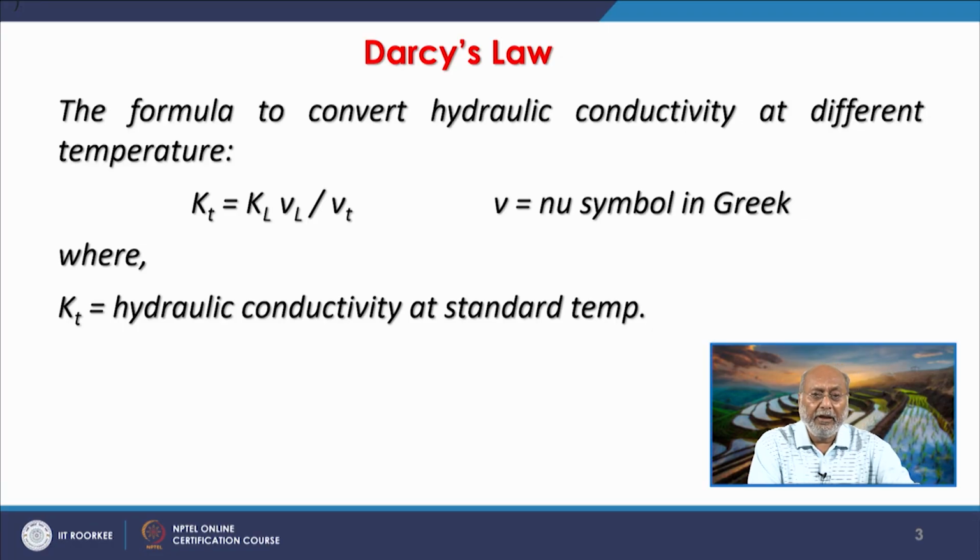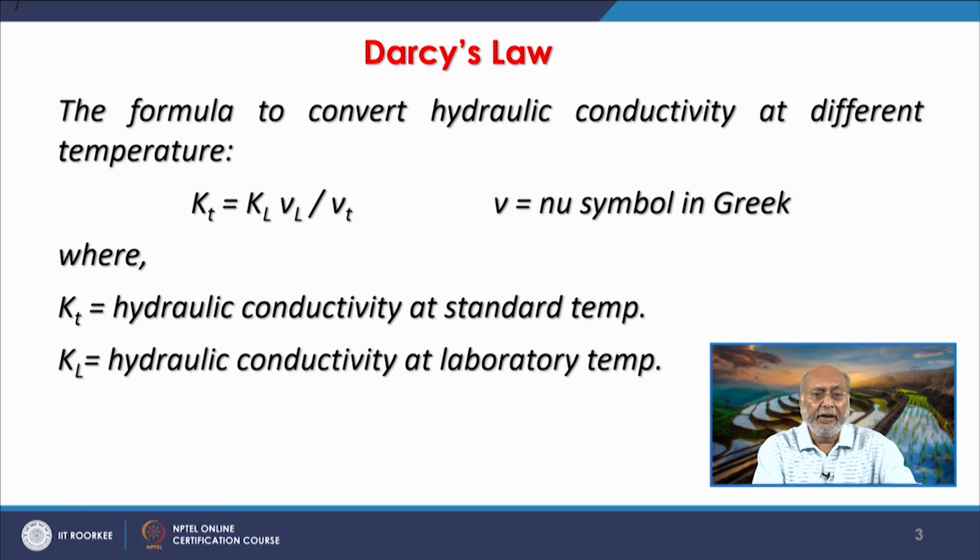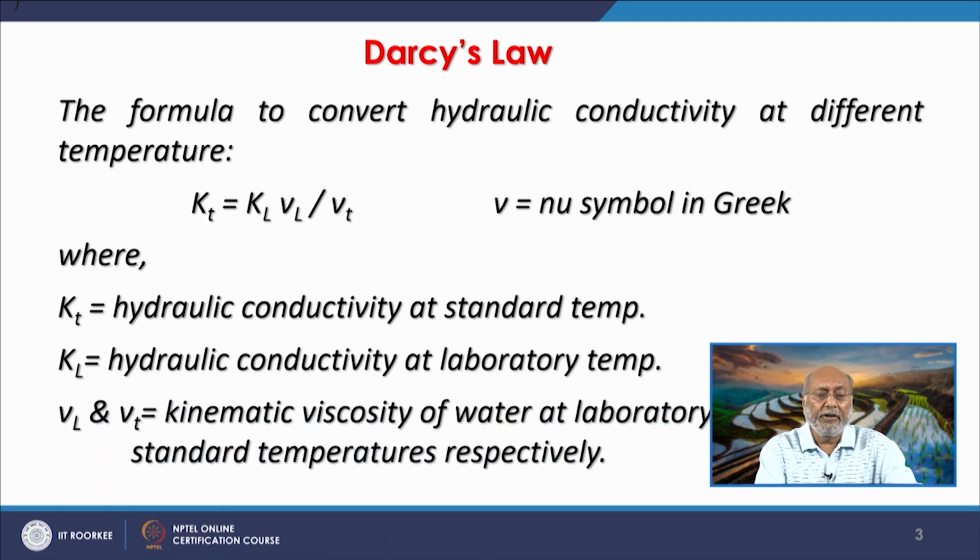Nu is the Greek symbol; in this PPT it might look like V, but it is denoted as nu. KT is the hydraulic conductivity at the standard temperature, KL is the hydraulic conductivity at laboratory temperature, and nuL and nuT are the kinematic viscosity of water at laboratory temperature and standard temperature respectively.